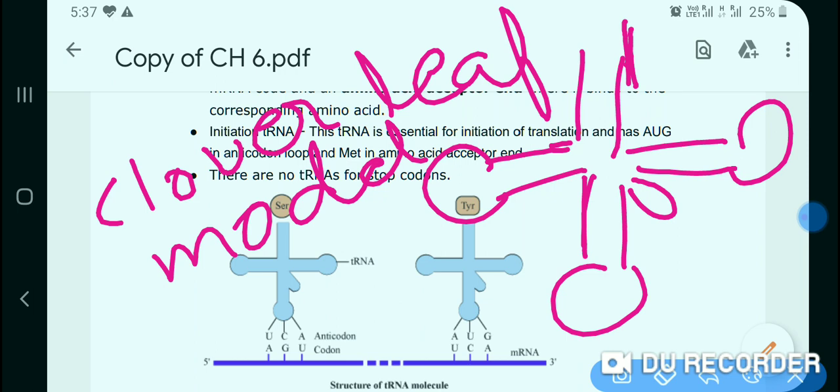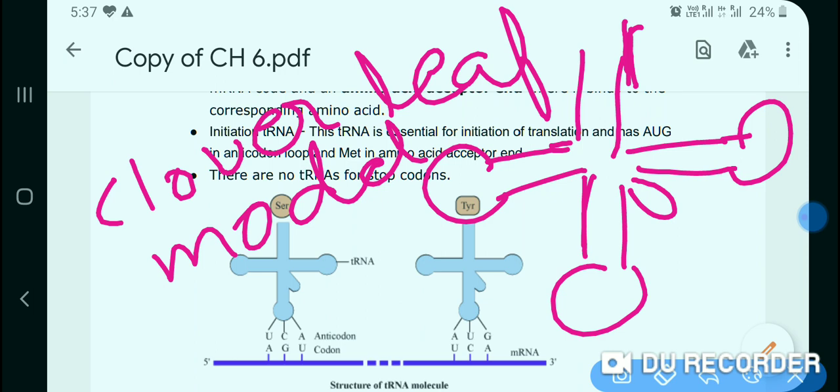In the clover leaf model, there are mainly 5 arms, which are formed due to the coiling of transfer RNA, and I have told you that this coiling takes place due to the presence of some abnormal nitrogenous bases.